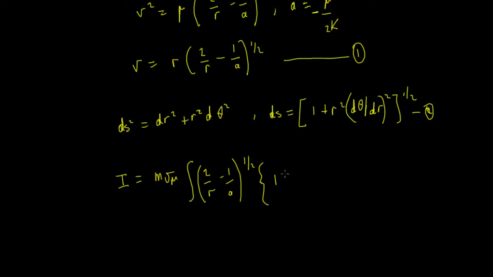So it's going to be our 1 plus r squared times d theta dr all squared, and that's that whole thing there to the power of a half. Okay, and that's going to be by our dr.